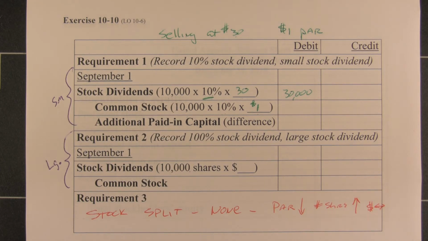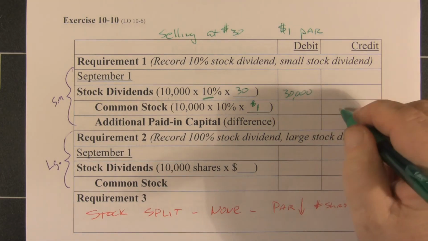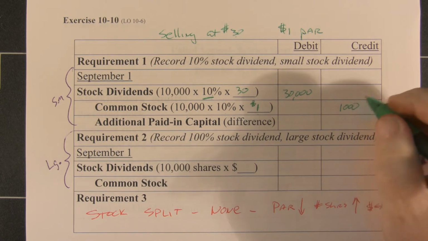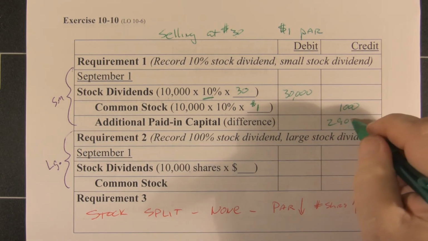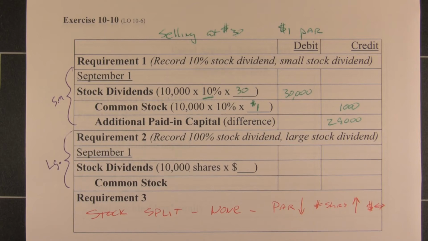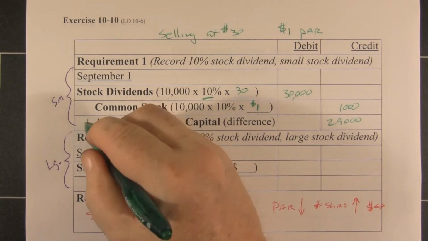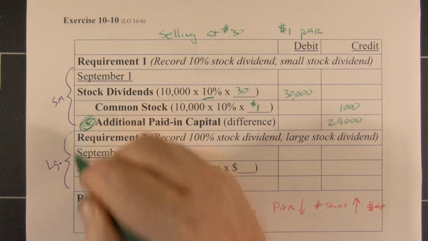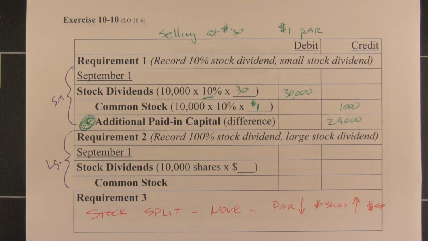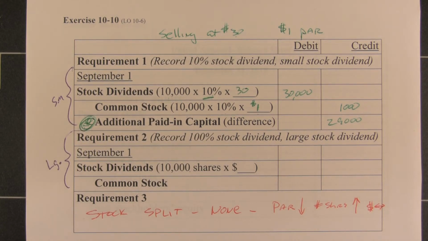That's how we have to handle that. So that's $1,000, and the difference, $29,000, is additional paid-in capital. If you see additional paid-in capital, you know that it has to be a small stock dividend.